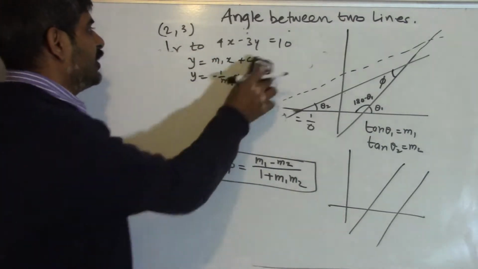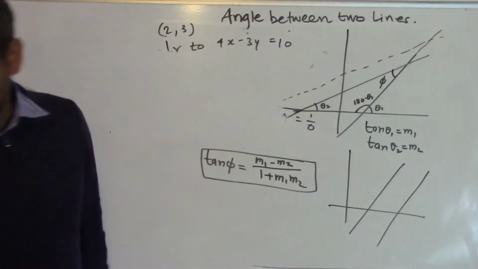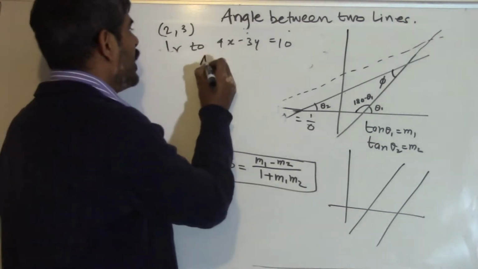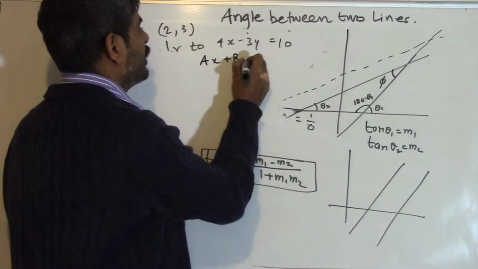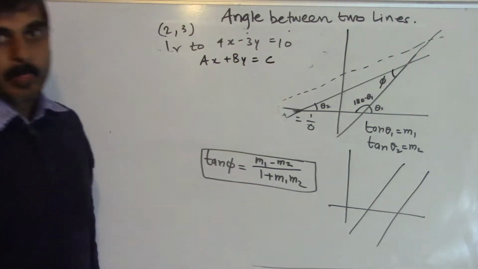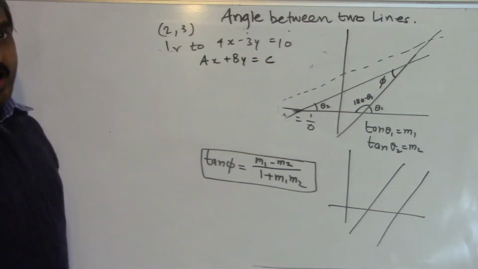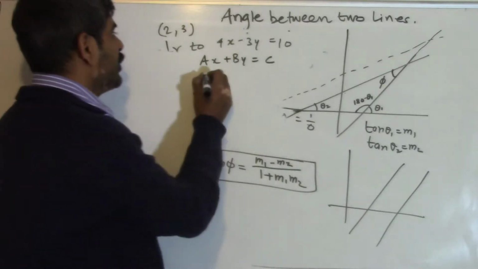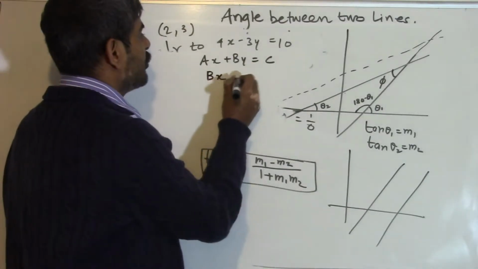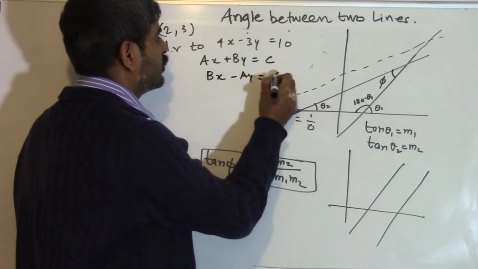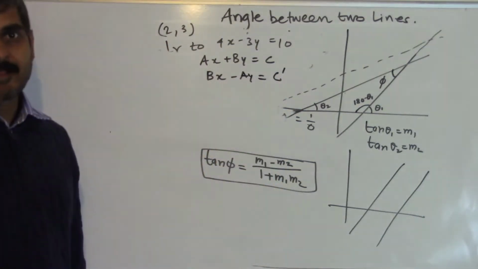But if we are given a line in the form of ax plus by is equal to c, then we can show that a line perpendicular to this will be of the form bx minus ay is equal to some other constant c dash.